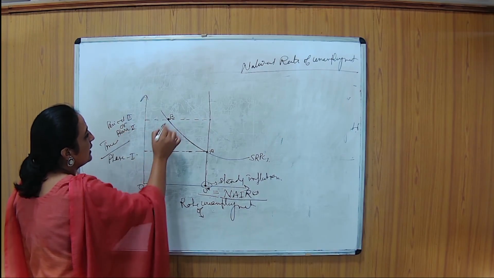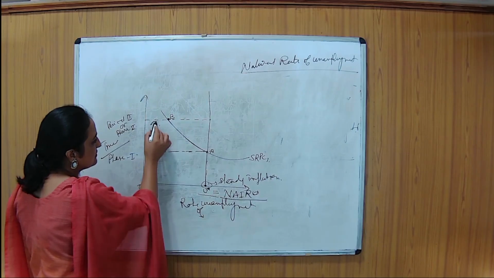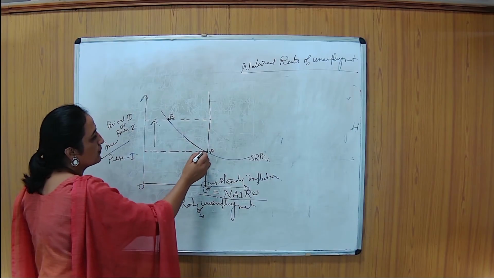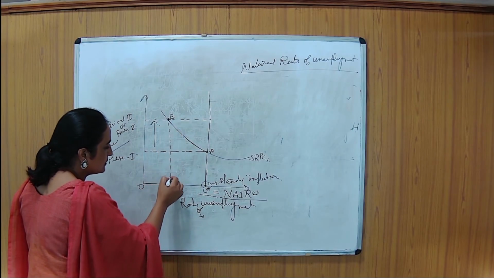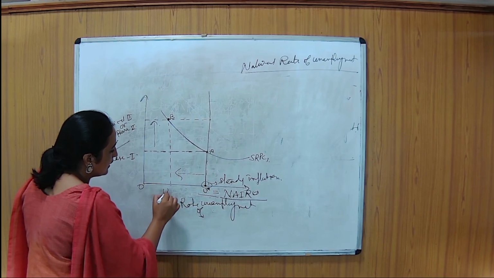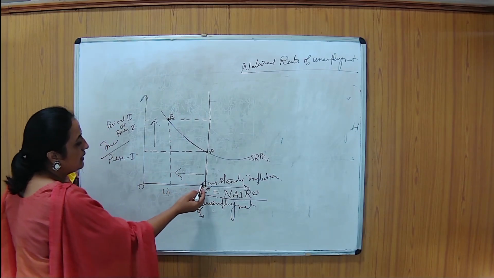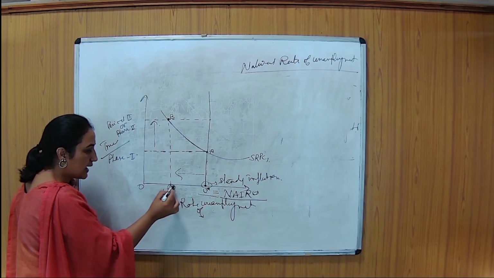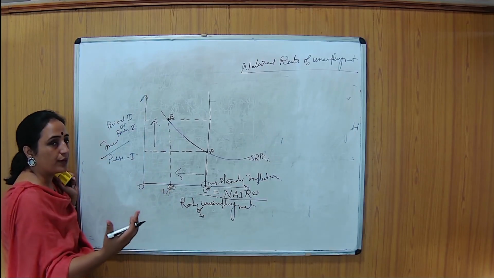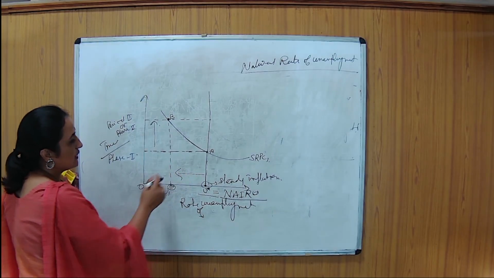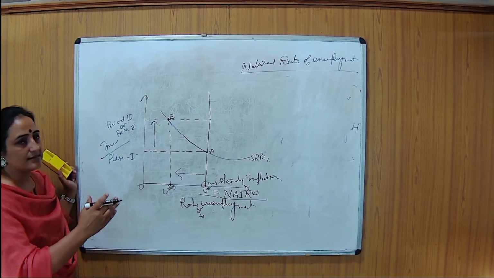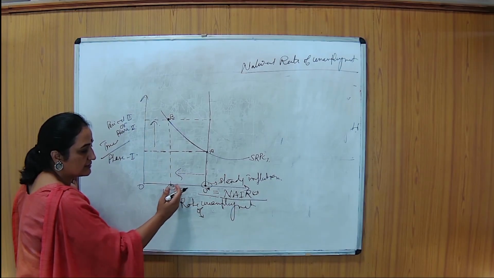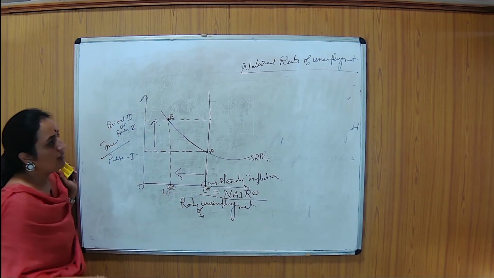Here the prices of goods and services in the economy will increase. Corresponding to this point, our unemployment will decrease, meaning employment in the economy will be higher. So when the economy expands and prices increase, unemployment will decrease and it will go from U star to U1.